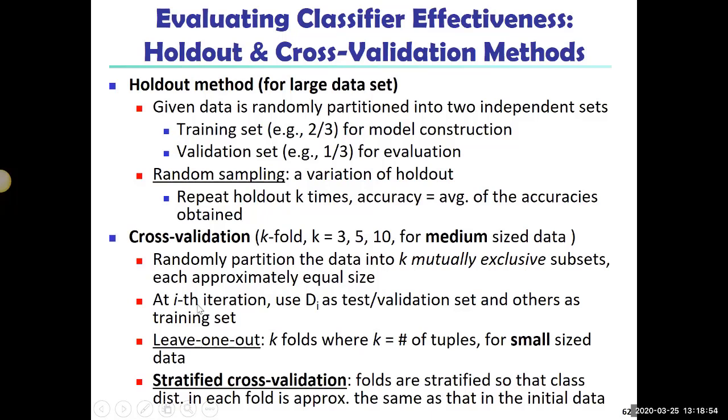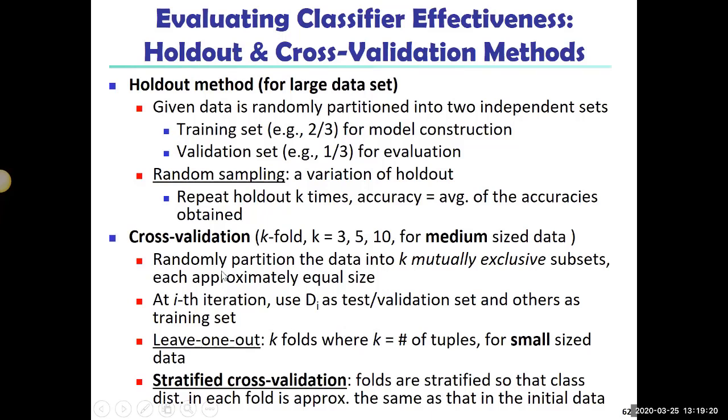Then we take k minus 1 sets as the training examples and reserve the last set as the validation set. So for k equals 10, we can actually do 10 tests, then average the results from the 10 rounds. We certainly can calculate the standard deviation.